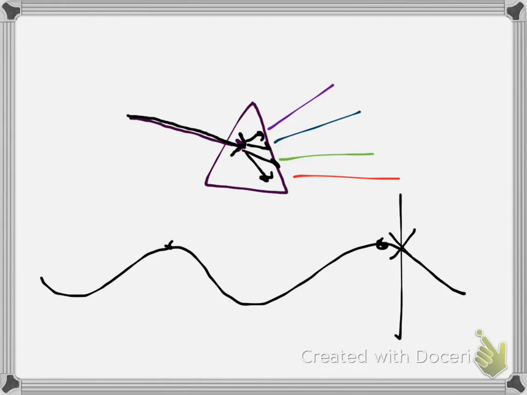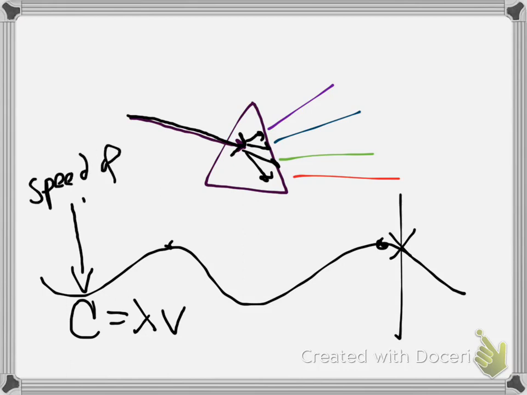And for any wave, for a wave in the ocean, for a light wave, for a wave of electromagnetic radiation, we can describe this relationship. C, now this is speed of light, is equal to lambda v.